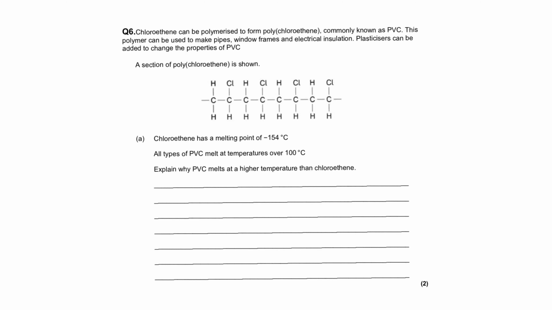Explain why PVC melts at a higher temperature than chloroethene. So we need to give reasons. It's worth 2 marks, okay? So both substances have intermolecular forces between them. So crucially, the chloroethene must have weaker intermolecular forces between those molecules than PVC does.